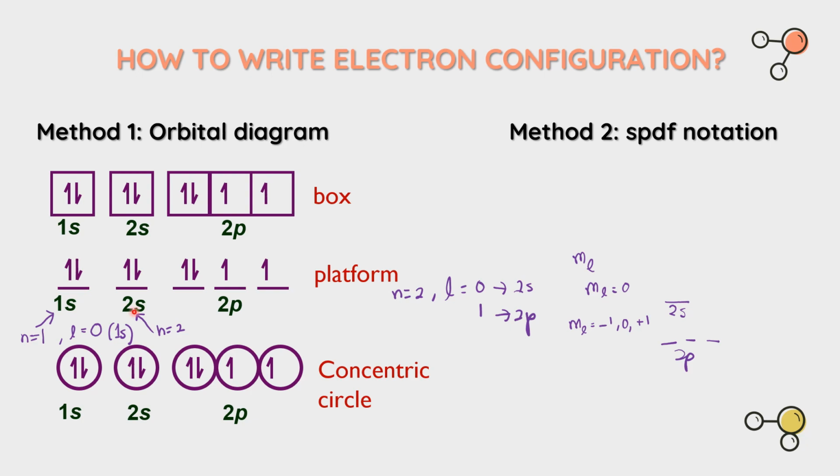So that is the reason why we have 1 orbital for s orbital and 3 orbitals for p orbitals. And you must also remember how many electrons we should fill in this 1 orbital. According to ms, this 1 orbital can be filled with a maximum of 2 electrons.